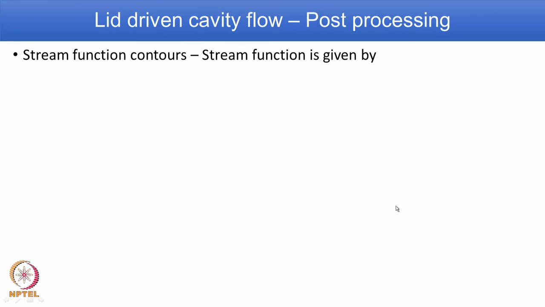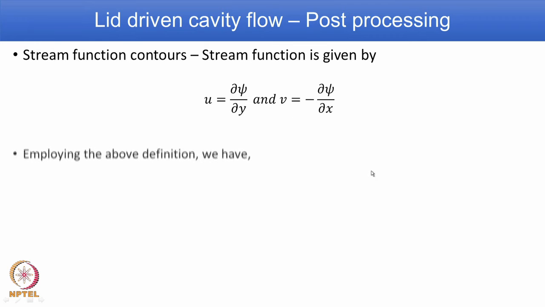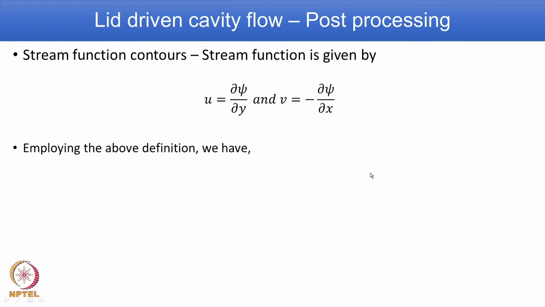Next is a stream function contour. We know the definition of stream function relating to velocity: u equal to dou psi by dou y and v equal to minus dou psi by dou x. You employ the above definition. To get stream function relating to velocity, you can take any velocity; for now we take v velocity.